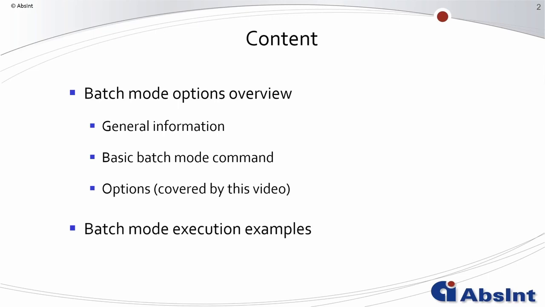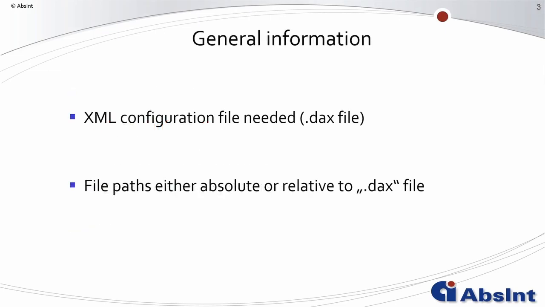Before starting the batch mode execution demonstration, I will introduce the options that are used in this video and explain what they do. What you generally need to know when you want to execute a batch mode analysis is that you need a configuration file of the project you want to analyze.